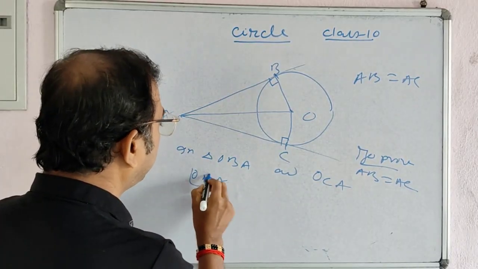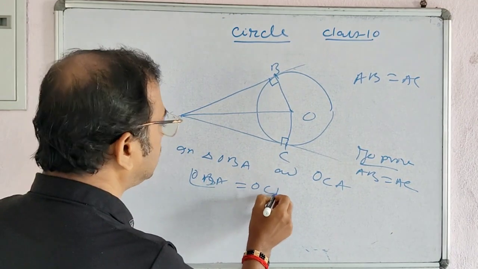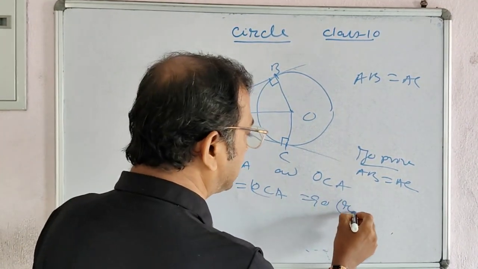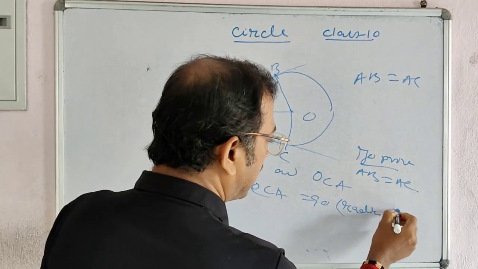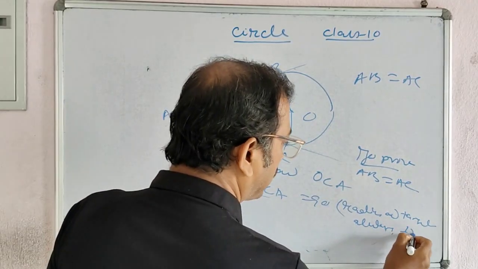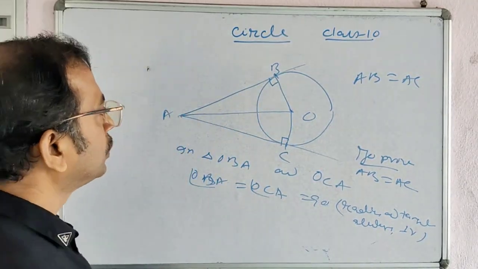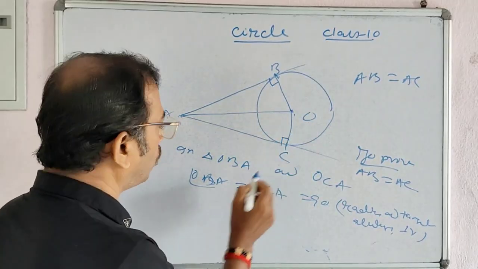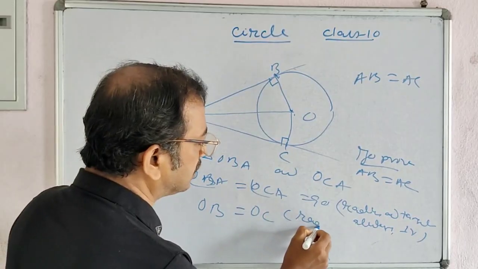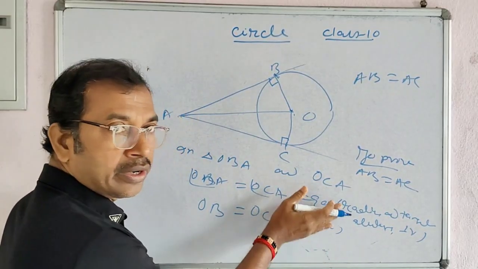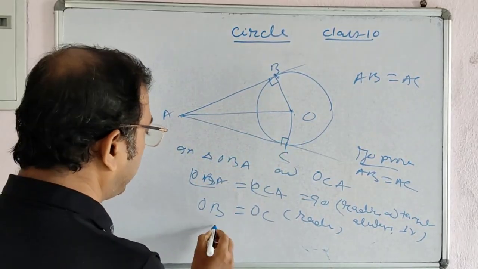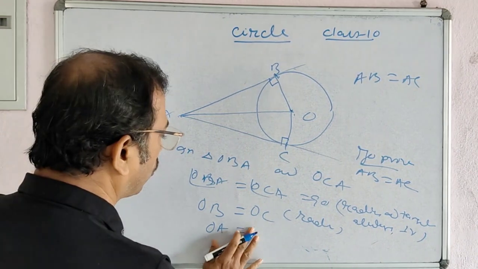Angle OBA equal to angle OCA equal to what? 90. रीजन लिखना है आपको, रेडियस एंड टेंजेंट ऑलवेज परपेंडिकुलर टू ईच अदर होता है. Similarly, OB equal to OC, second condition, why? Radius. Then OA common, OA equal to AO common.